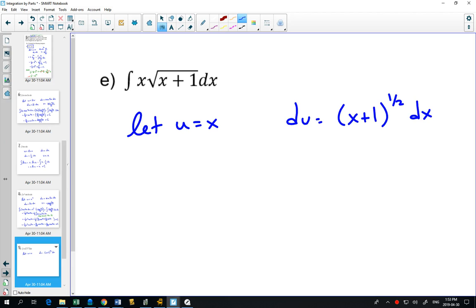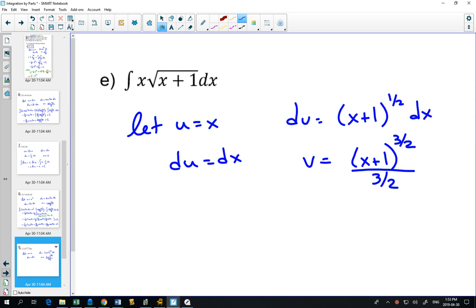One thing I like about making the u equal to x is when I do the derivative of that, it becomes simpler. So it's telling me my formula, I'm going to get things to be simpler. Here on this side, at first I was a little timid about making this one x plus 1 to the 1/2 because it seemed like the more difficult integral to do. But integrating this is just add 1 to the exponent, divide by our exponent.